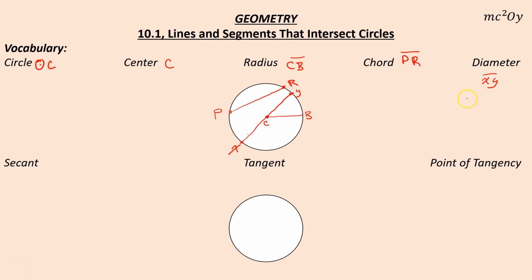Most of us know this, but a diameter is equal to 2 radii. Another way to think about it is a radius is equal to half a diameter.